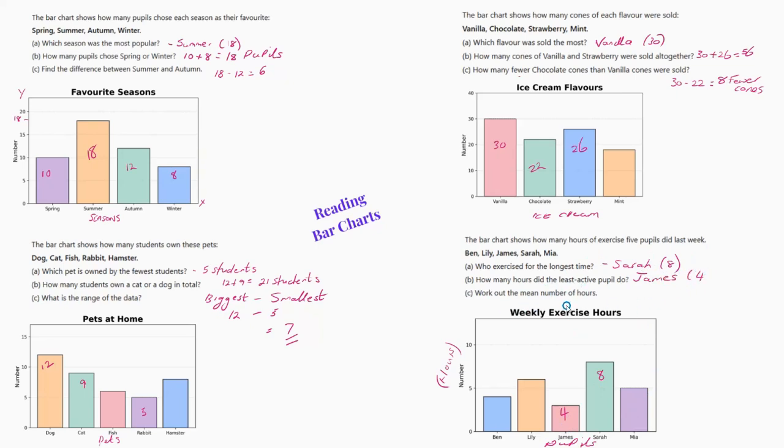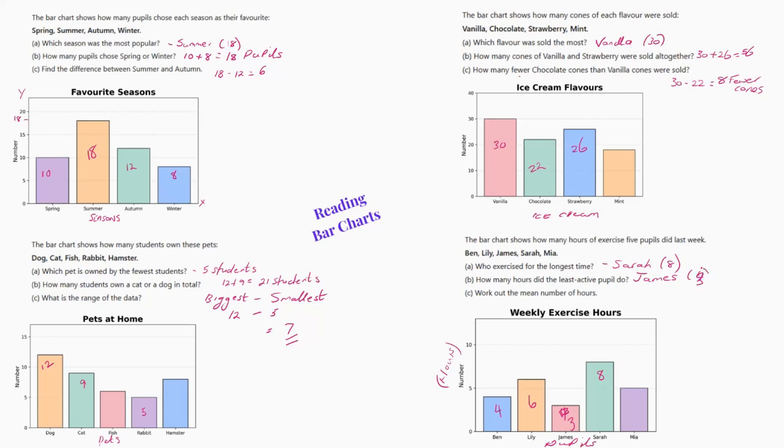And work out the mean number of hours. Now, if you remember what the mean is, we add up all the numbers we have and we divide it by the amount. So let's work out our number in hours for all our pupils. So that's going to be a 4. So that was a 6. We've got 4. Actually, looking at that now, I would say it was 3.